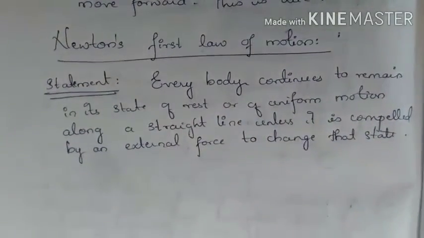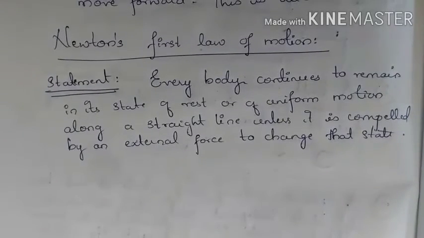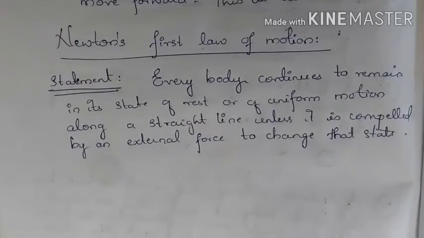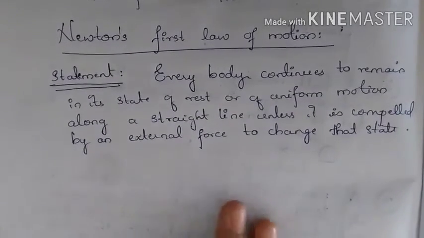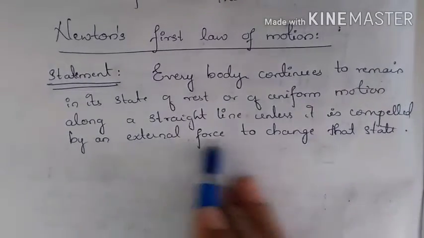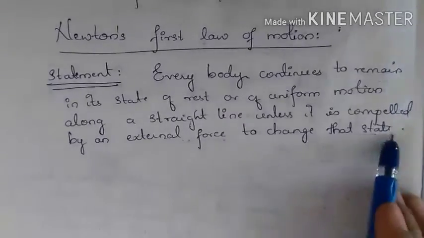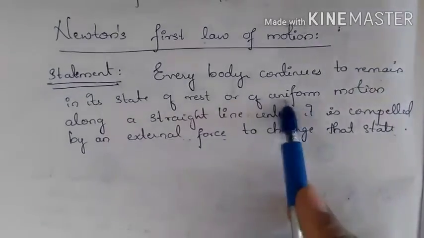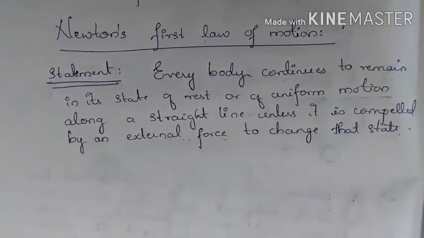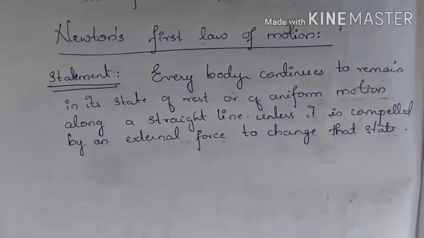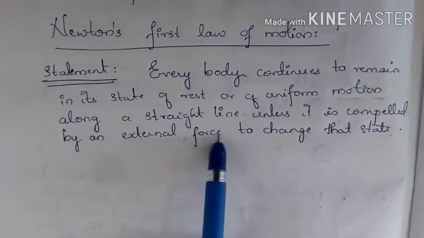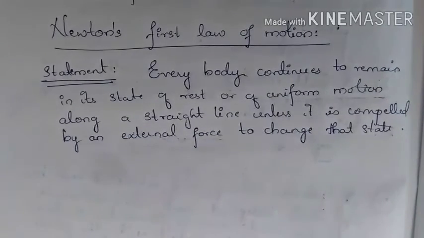This was the statement which is similar to inertia. If you have a body which is at rest, that body will remain at rest unless and until there is an external force to change that state. Or if you have a body which is in uniform motion along a straight line, then this body will continue to move in a straight line until an external force acts on it.